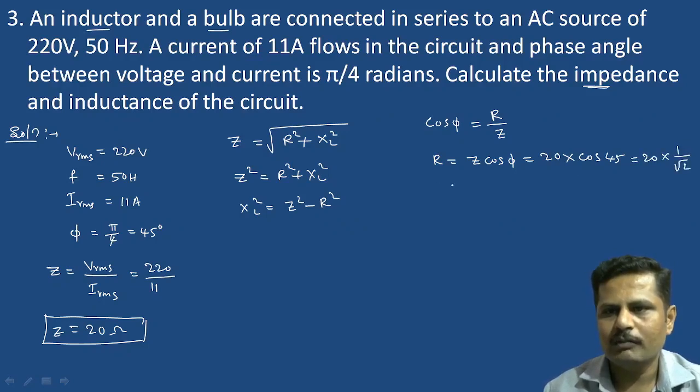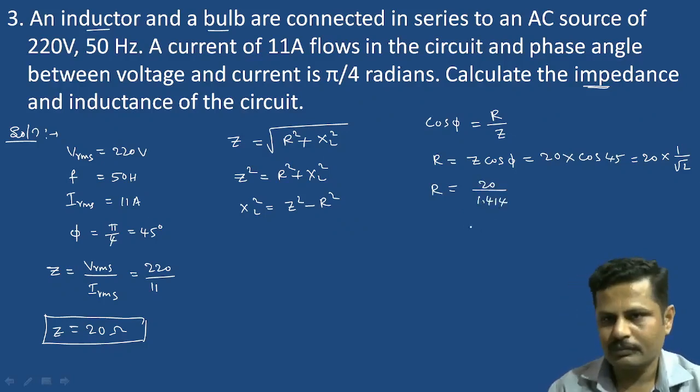So R equals 20 divided by root 2, the value of which is 1.414. So 20 divided by 1.414 gives us R equals 14.14 ohm. This is the value of resistance.